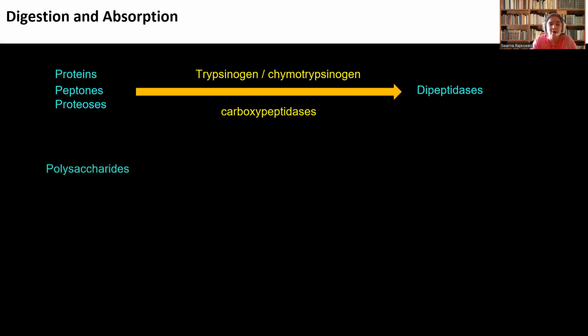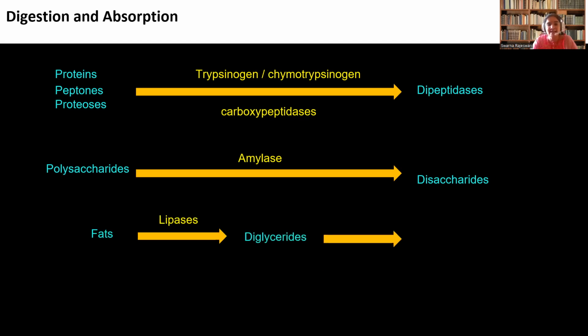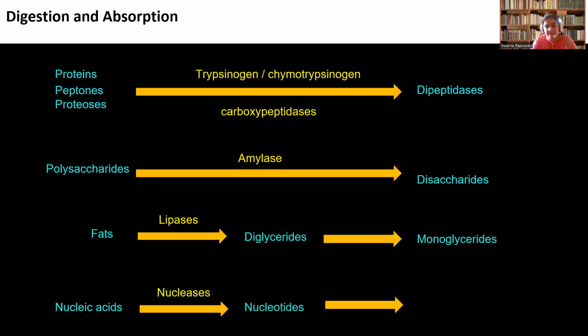Then polysaccharides are converted into disaccharides with the help of amylase, and fats are converted into diglycerides with the help of lipases, which are later converted into monoglycerides. Nucleic acids are converted into nucleotides, and nucleotides are converted into nucleosides with the help of the enzymes called nucleases.